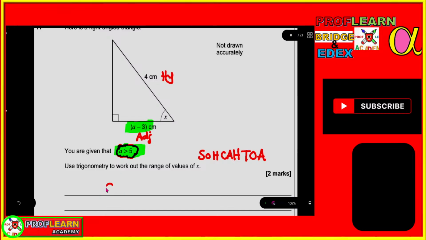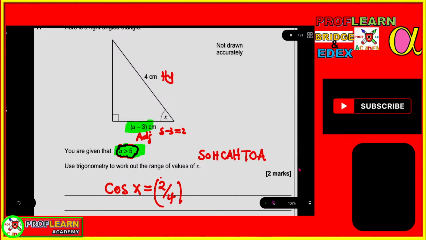If we choose cos, cos x is going to be adjacent over hypotenuse, and since we are told a is greater than 5, if we substitute 5, adjacent will be 5 minus 3. That's going to be basically 2. So we are going to have 2 over 4.